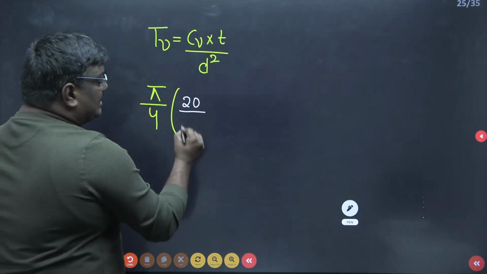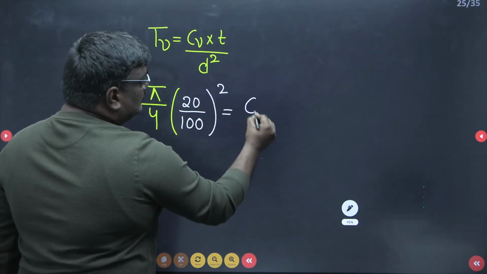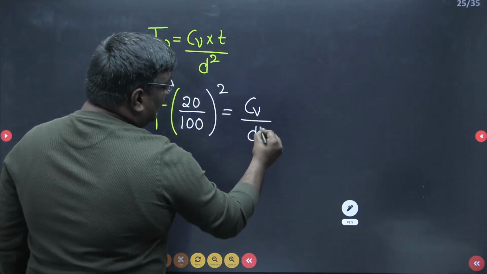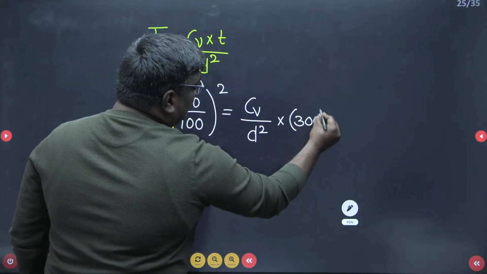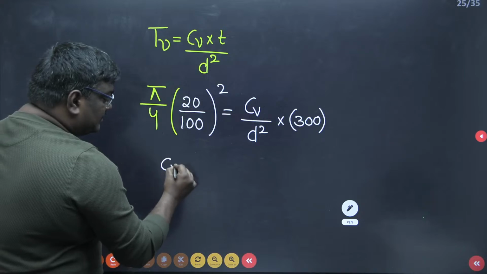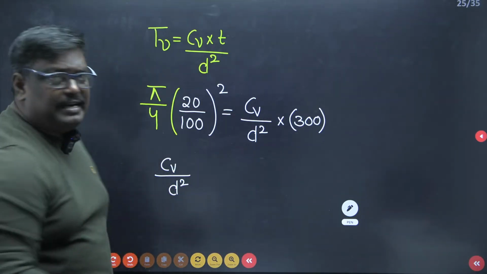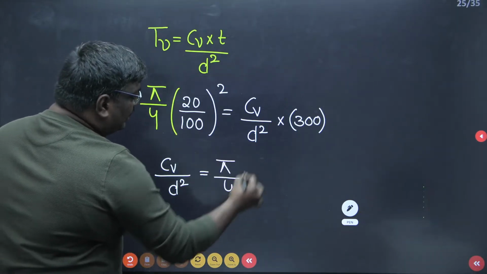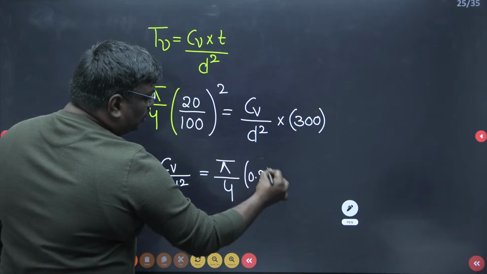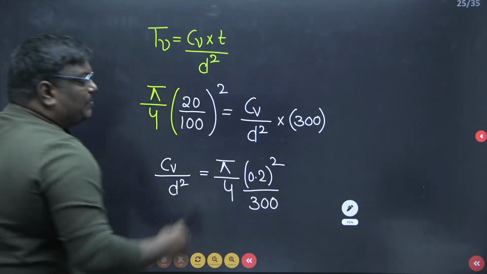So you can write it as pi by 4 into 20 by 100 whole square is equal to Cv upon d square into t. t is given as 300 days. Now, what will be the value of Cv by d square? Quickly, it can be written as pi by 4 into 0.2 whole square upon 300. This will be the value of Cv by d square.